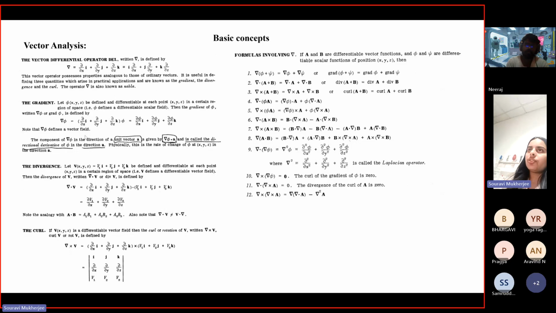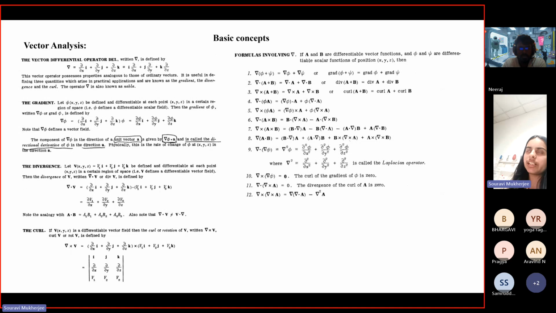Now suppose you want to find how this quantity changes in some other particular direction. You have a vector A, and you want to see the change of phi in the direction along A. What you do is take a dot product of the gradient of phi with A. That gives you the directional derivative of phi in the direction A, which means how phi is changing in the direction A. Del phi by itself gives us the direction where the maximum change in phi is happening.